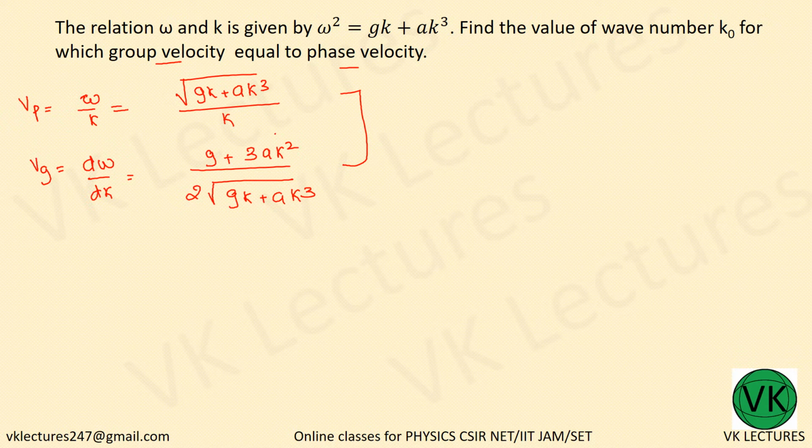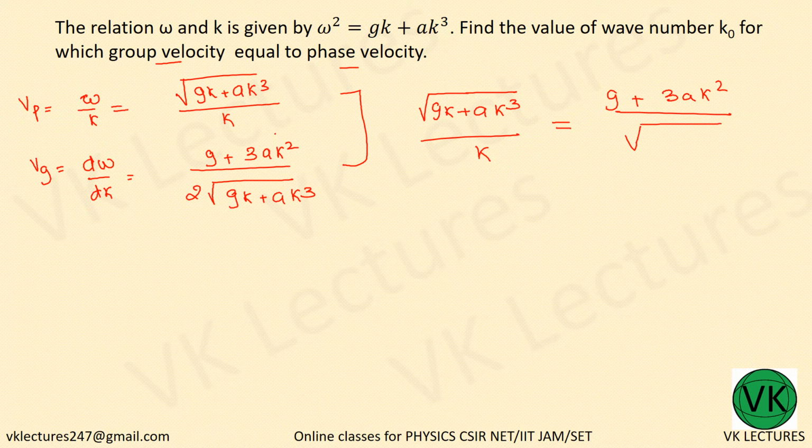That means root of gk plus ak cube by k should be equal to g plus 3a k square divided by 2 times root of gk plus ak cube.